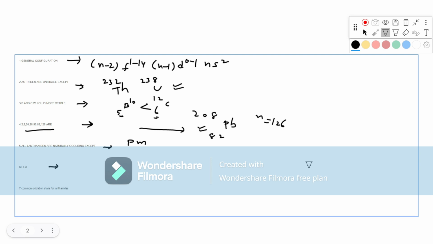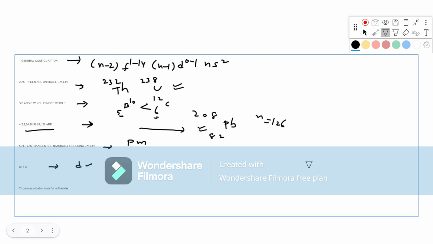I'm asking you whether lanthanum is an F block element or a D block element. Lanthanum is a D block element, not an F block element, because after lanthanum 57, the F block series will start. So only cerium to lutetium are F block elements. Lanthanum comes under D block elements.